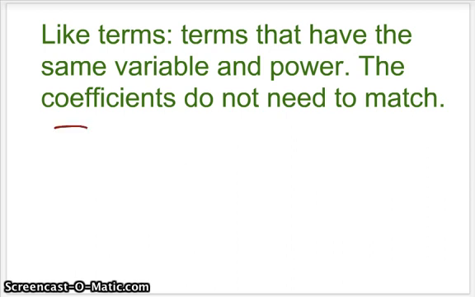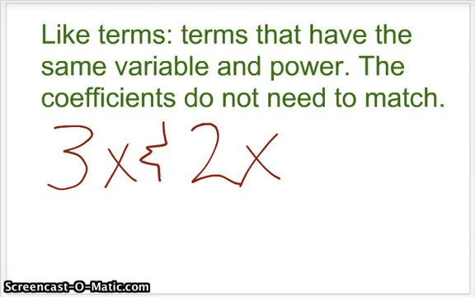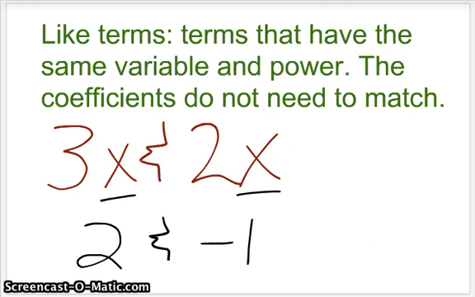That would be 3x and 2x. They are considered like terms. They both have this variable x. 2 and negative 1 are considered like terms because they don't have variables. If one of them had a variable, then we would say they are not like terms.